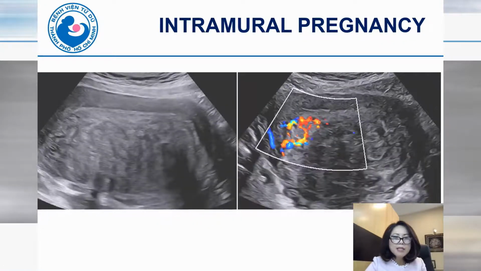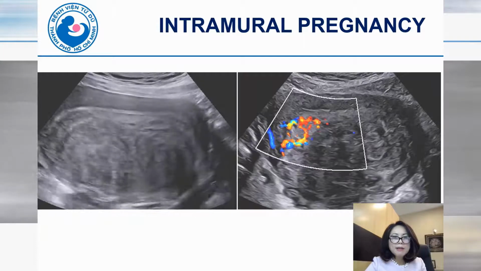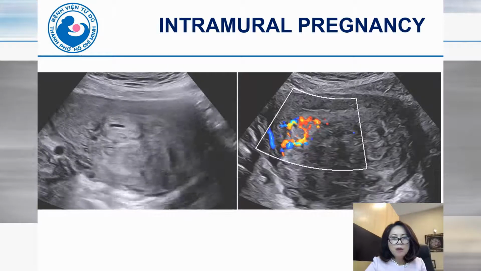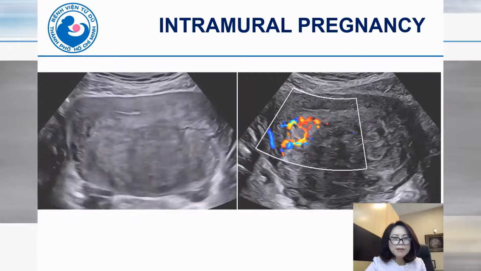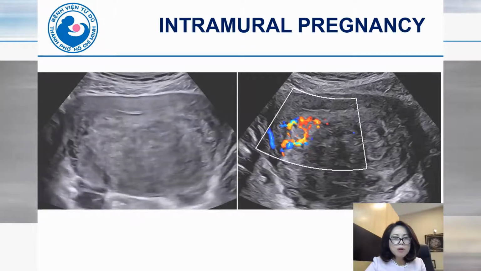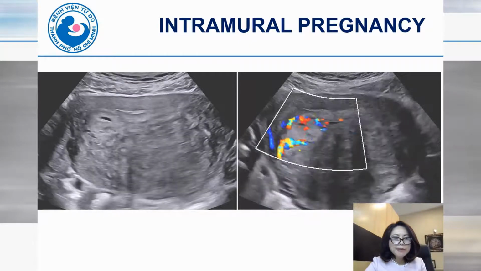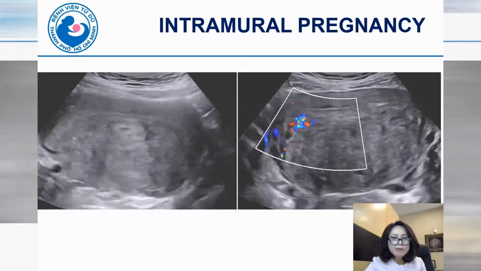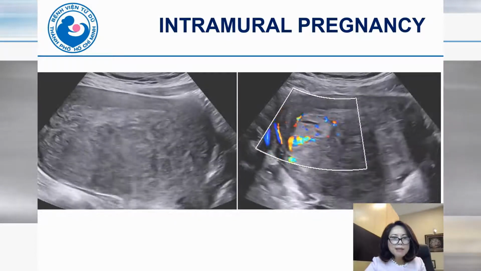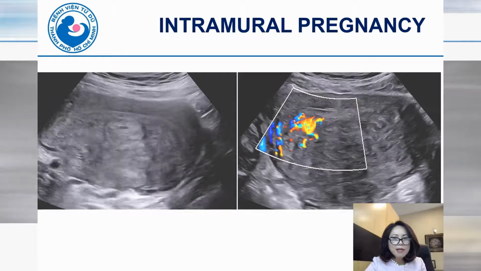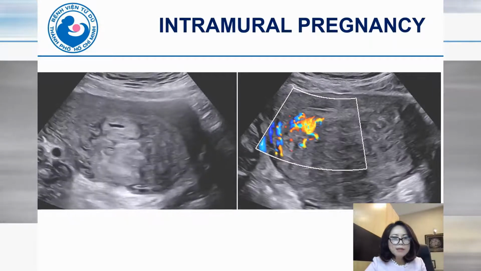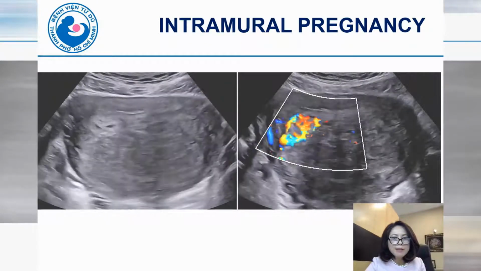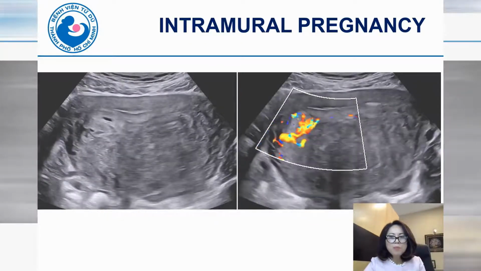Another case of intramural pregnancy, and you can see this patient has adenomyosis. You can see the uterus is globular with shadowing, and you can see here the GS on the axial plane and sagittal plane. We can see a GS implanted in the posterior wall of the uterus, and on color Doppler we can see prominent peritrophoblastic blood flow.